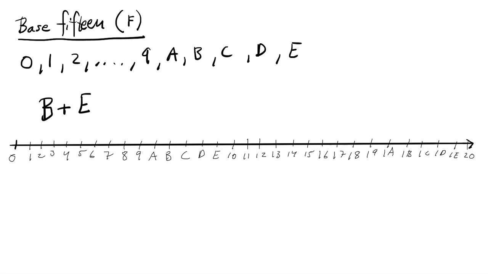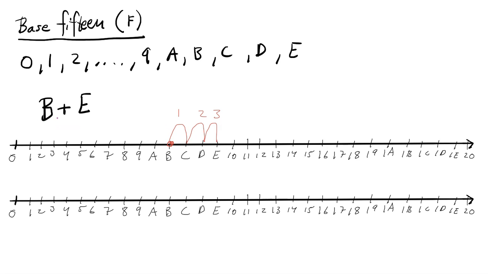So you continue in this fashion. So what we want to do now, if we want to add B plus E, means that we will start here in B. But then we need to keep track of how many steps we are taking. We want to take E steps. So we could of course write 1, 2, 3, and so on until we come to E. But we see that we almost have to keep in mind two number lines.